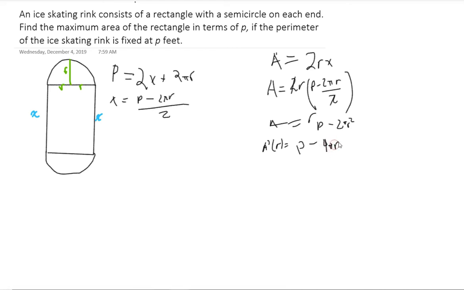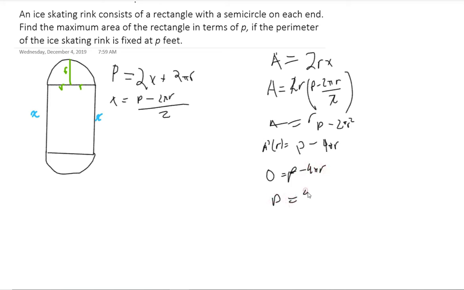Okay. Now, since this is an optimization problem, your function is optimized when the derivative is 0. So we're just going to set this equal to 0. p minus 4 pi r. And if you look, we can just solve for r.